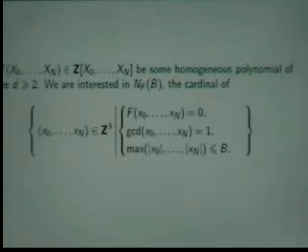So I take some homogeneous polynomial of degree bigger than 2. I should say irreducible. And we are interested in the number of solutions of the equation f(x_0, ..., x_n) = 0, where the GCD of the integers is equal to 1, and the maximum of the coordinates is less than b. So what is the behavior of this number N_f(b) as b goes to infinity?